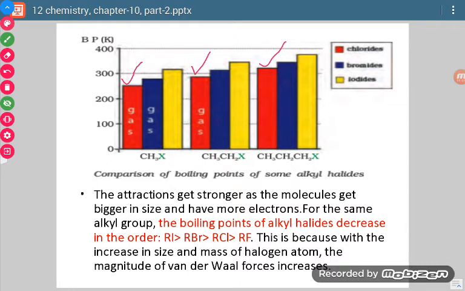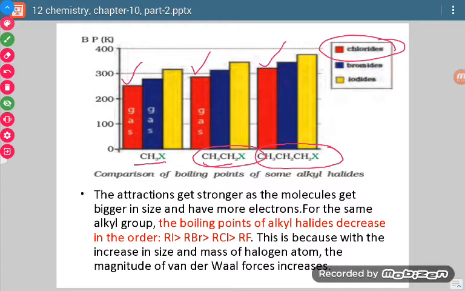I am comparing CH3Cl, C2H5Cl and C3H7Cl; red stands for Cl. So what is the difference? The difference among these three is the increase in molecular mass. With the increase in molecular mass and size, the value of boiling point will increase.